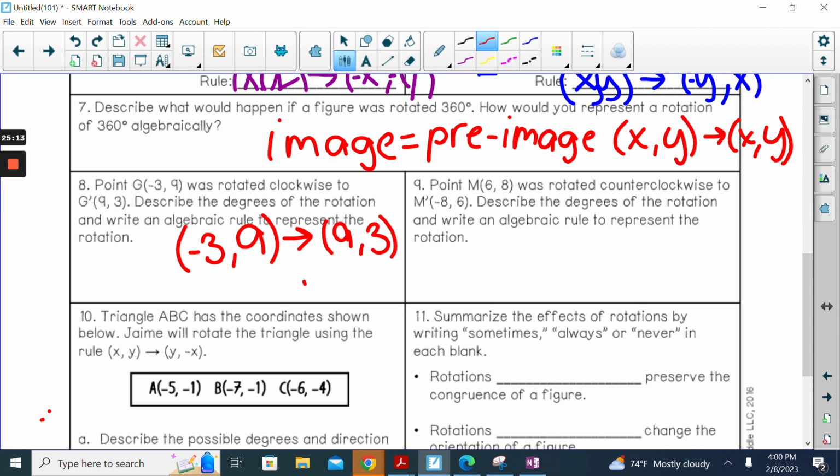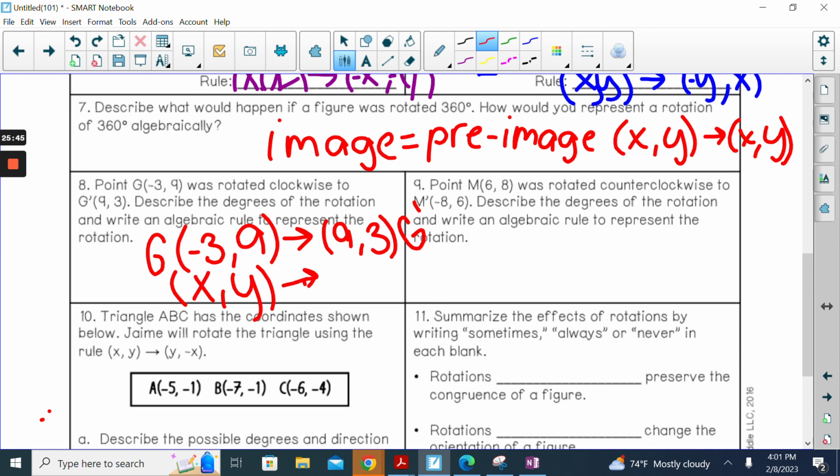Did our x and y stay in the same place? So when we're writing the rule, we have (x, y) being our original point G. If I made my x and y change to match the way G changed to new G, what would that look like? All right, so did my numbers go (3, 9)? No, they did not.